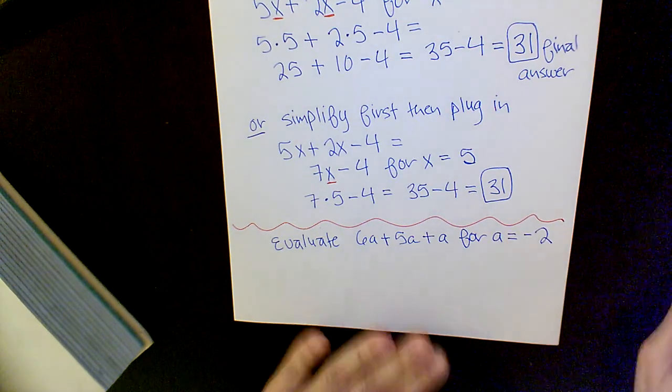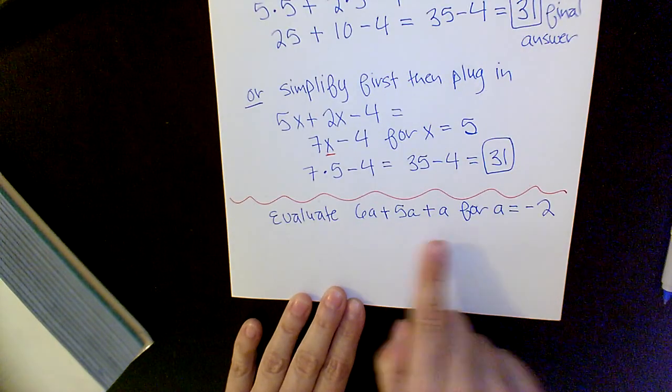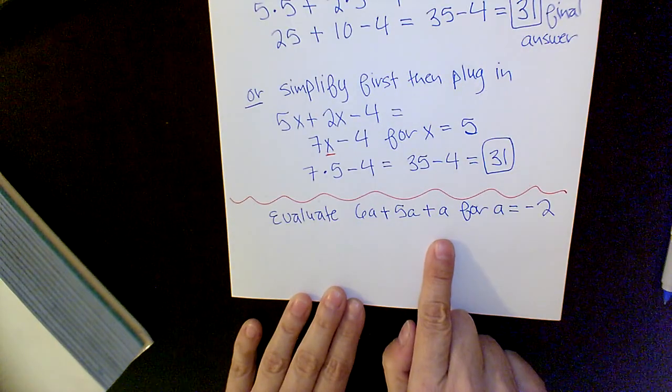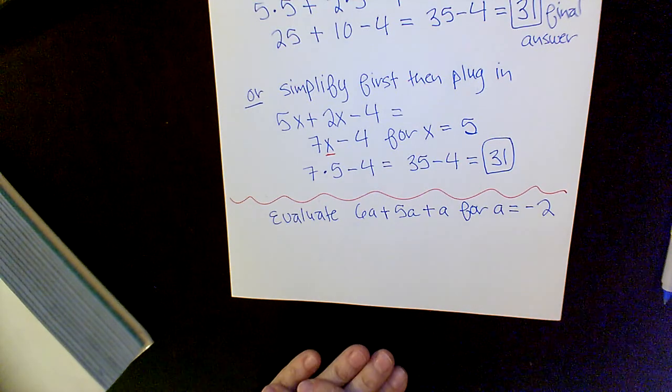Ooh, good one. So they want me to evaluate 6A plus 5A plus 1A, or just A, for A equals -2.